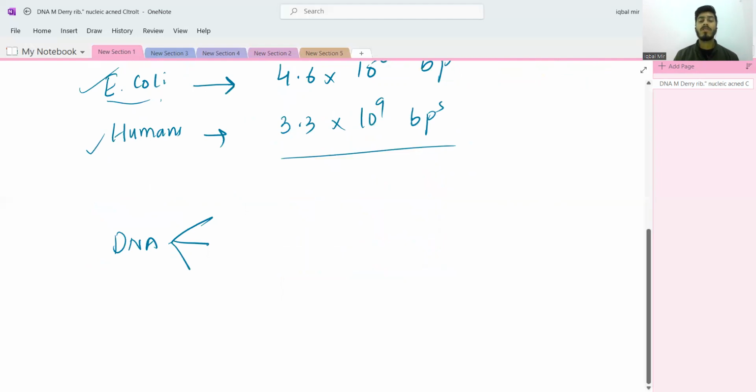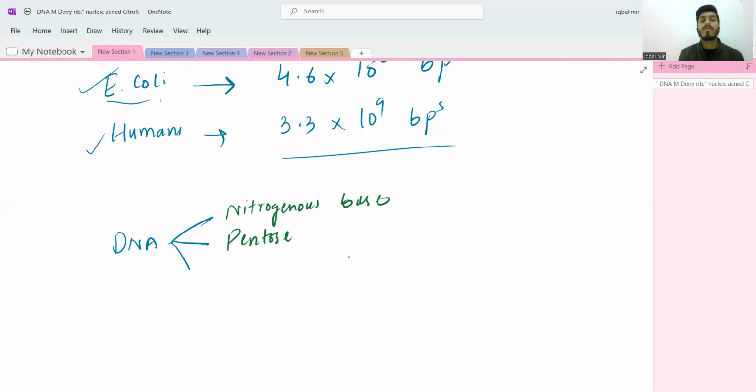It has a nitrogenous base, it has a pentose sugar, and what is the third thing that is present in the DNA?